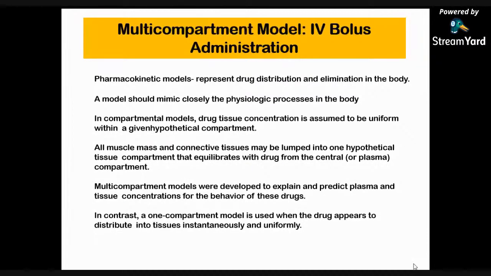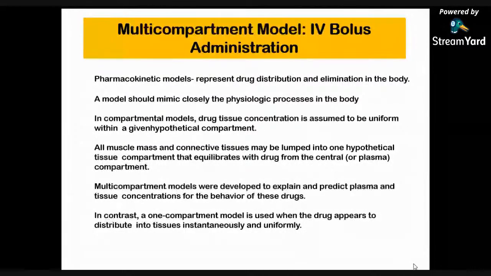Okay, so a one compartment model adequately describes the pharmacokinetics of many drugs, and instant distribution equilibrium is assumed in such cases, and the decline in the amount of drug in the body with time is expressed by an equation with a mono exponential term, which we already discussed earlier.